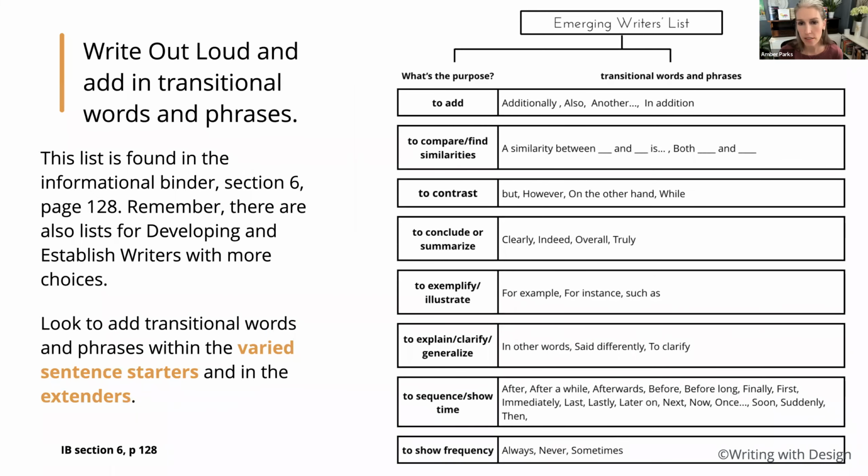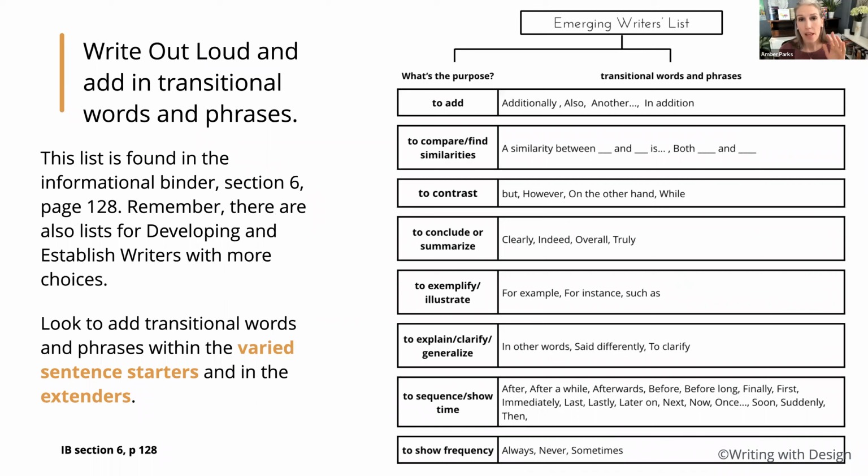So here is a beginning list for you that you are welcome to use with your children of lots of transitional words and phrases. And the one that I would encourage you to put a star by is the second from the last one, to sequence or show time, because there's a lot of more subtle ones in terms of after or once or before, and those lead into phrases which are absolutely the more subtle transitions.